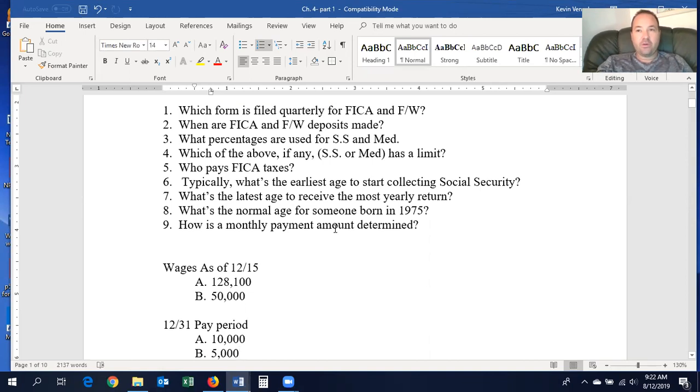Then you go through the primary insurance amount calculation. Remember, it's the first 90% of the first $900, and I think it was $24, then 32% of the next amount up to $5,000 and some, and then 15% on anything over that. Review, go back on that one. That one's probably the hardest one to remember, so make sure you know it, because that's something a lot of people may ask you.